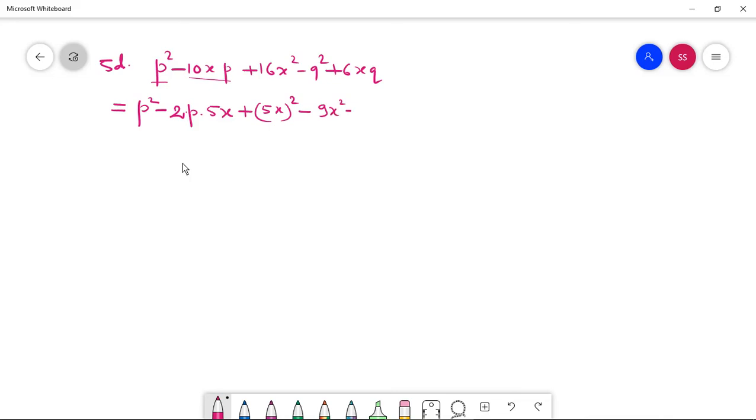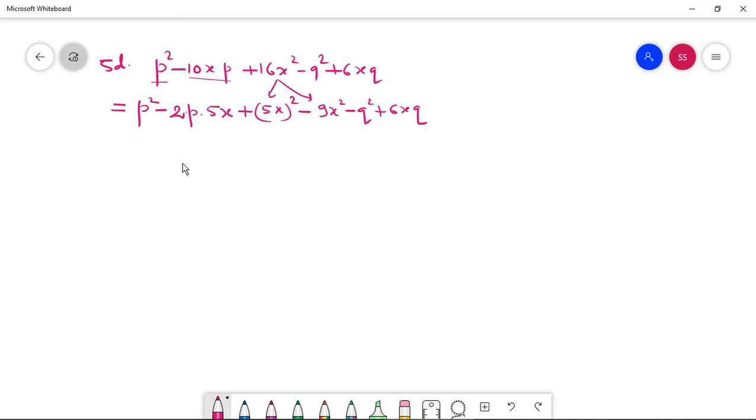Now it is p minus 5x whole square minus, and now I can write directly, 3x minus q whole square, because I already explained the breaking rule.